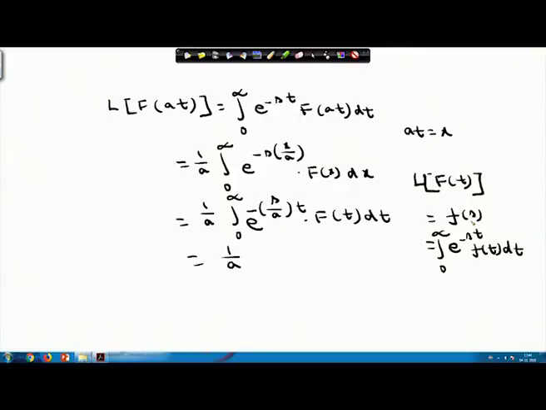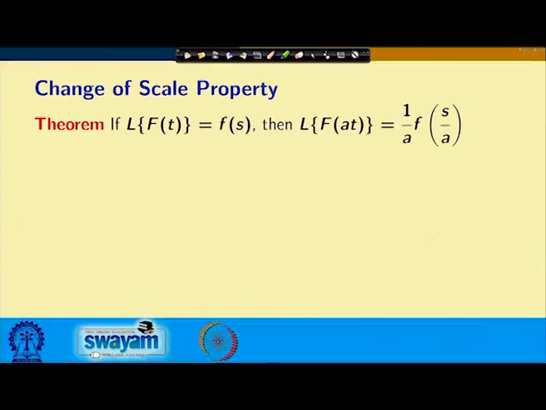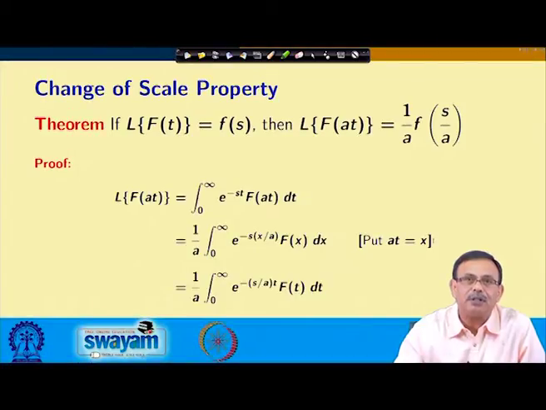So, if I change s to s by a, then you will get e power minus s by a into t into f t dt, and this will become, in place of F s, F of s by a. So, 1 by a into F of s by a. So, therefore, the Laplace transform of f of a t is equal to 1 by a F of s by a. This completes the proof. So, just quickly see this thing. This is equal to 1 by a F of s by a.